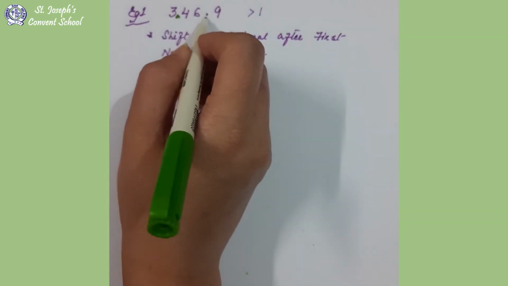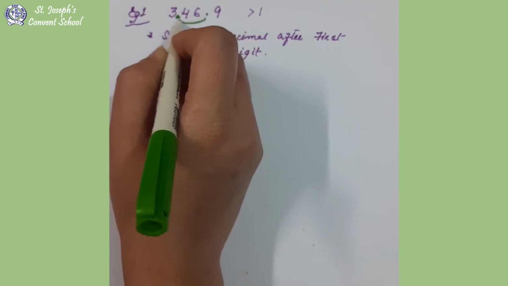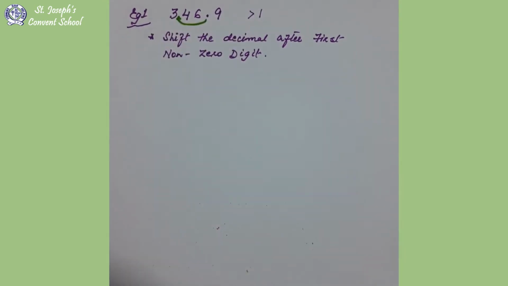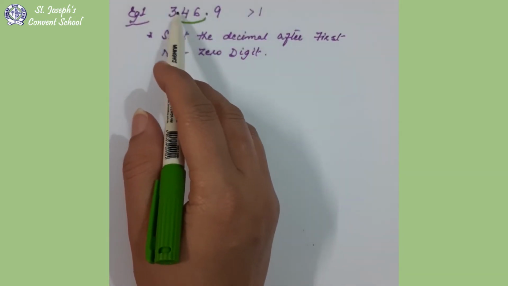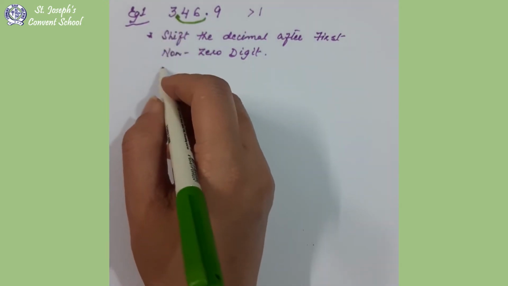How many places are we shifting? That is known as the characteristic. We have shifted 2 places, 1, 2. So the characteristic is 2.